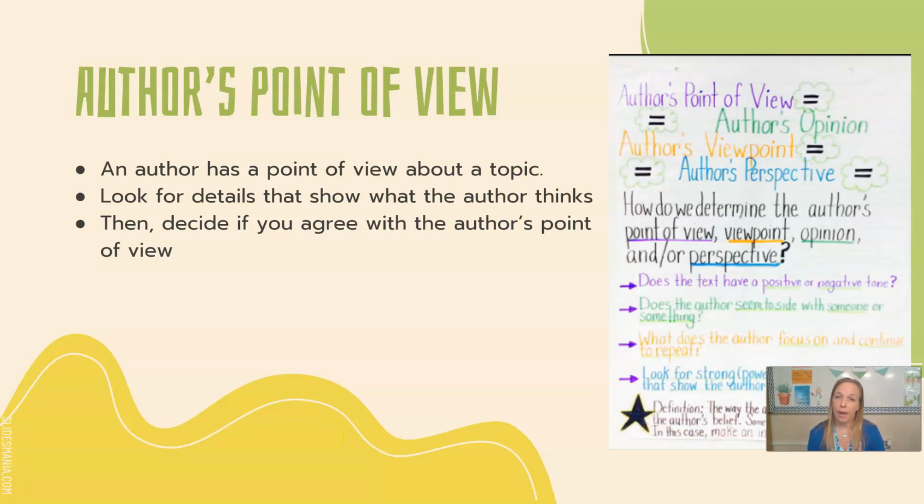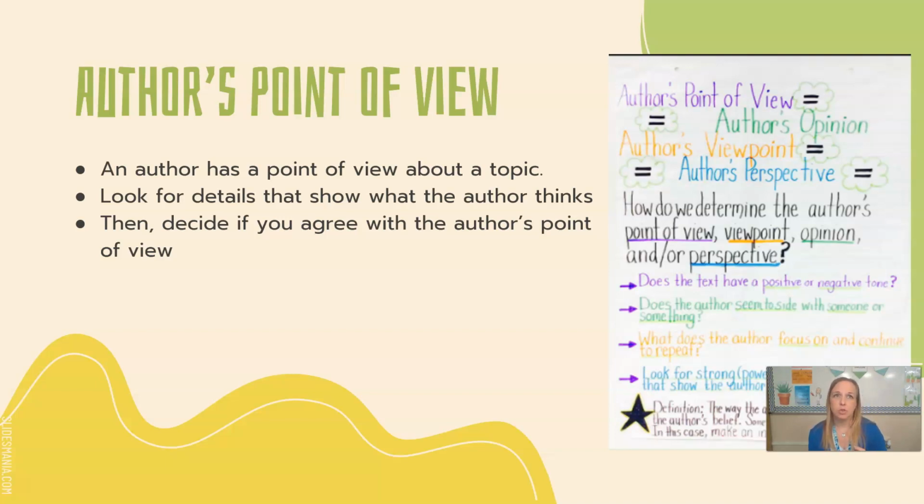Remember, an author has an opinion, just like you, just like me. An author has an opinion about a topic. Now, it is our job to be a detective and really look through the text to pull out those important details that help us determine how the author is thinking. So remember, we want to ask, what does the author think about this topic?